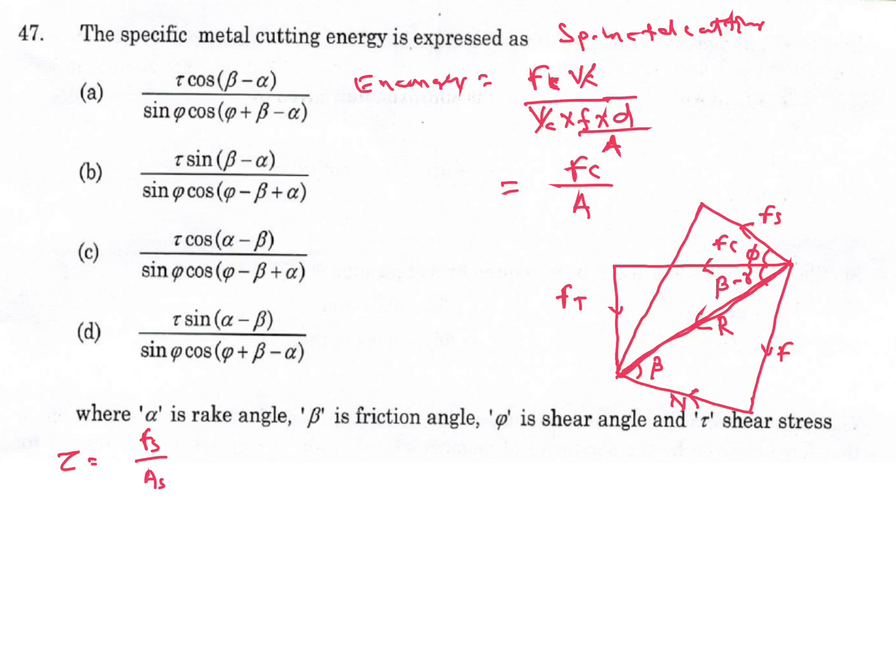From here we can write Fs equal to tau into As. Shear area, original area divided by sin phi, where original area is your feed into depth of cut.